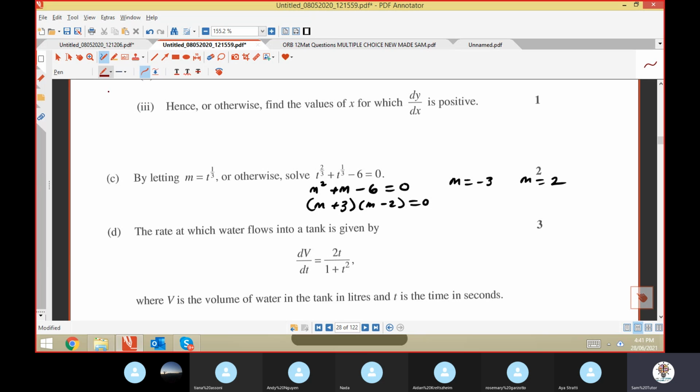You've got to bring back your m as t to the third equals negative 3, and t to the third equals positive 2. How do I get rid of the third? You would cube it. So cube everything. That becomes t equals negative 27, or t equals positive 8.